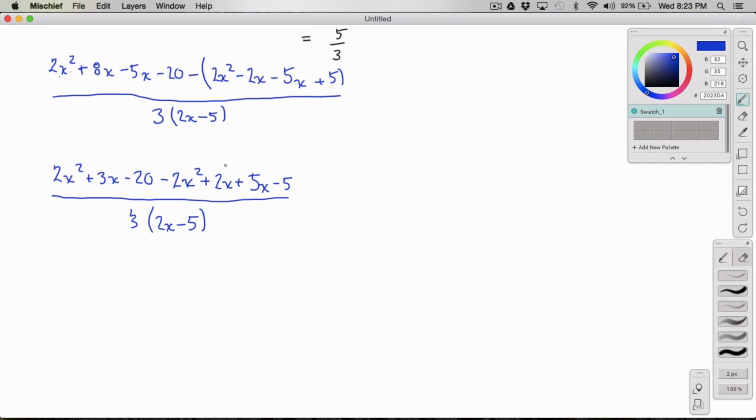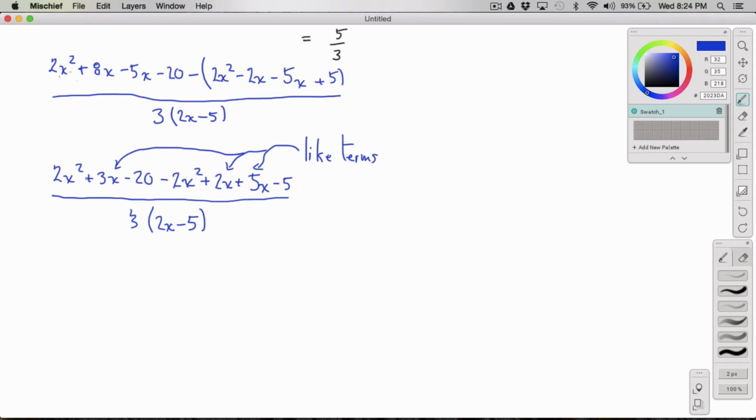Again we have some like terms here, so we're going to combine some more. Here we have a 2x squared and here we have a negative 2x squared.